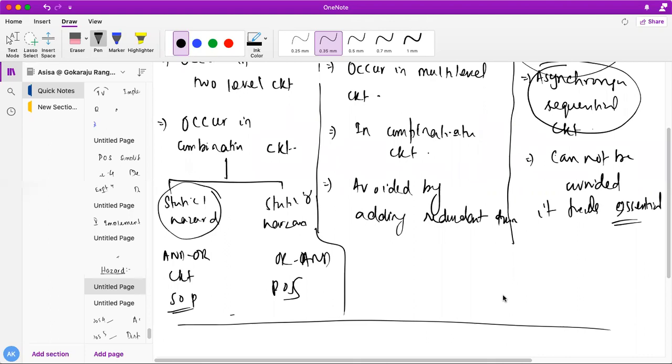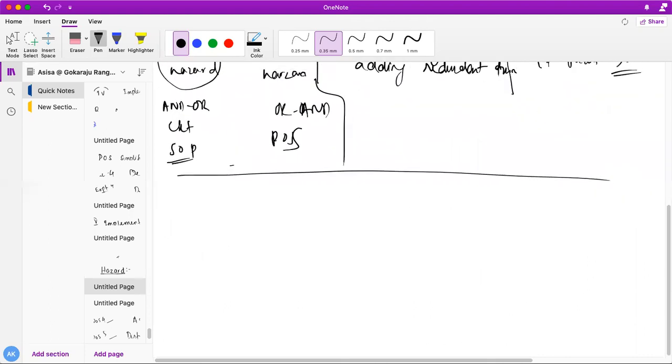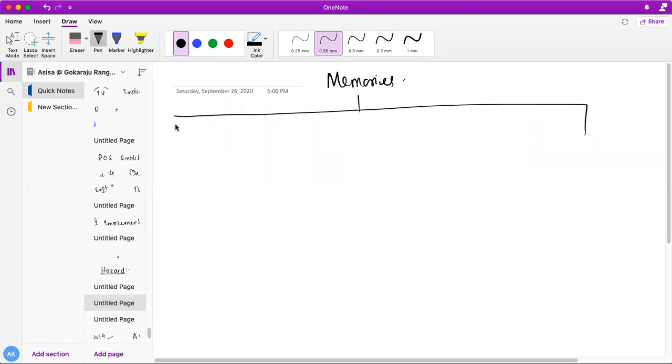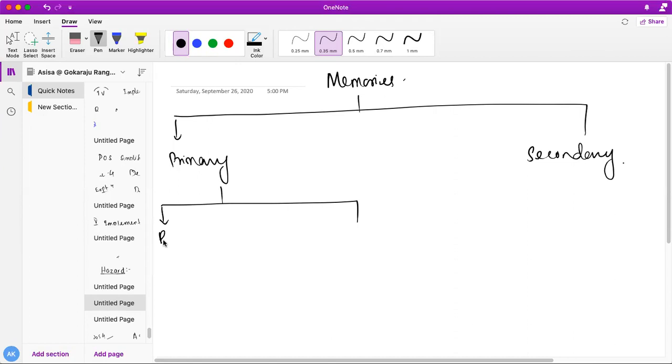Next, we'll study a little bit about the memory part. In memories, there are mainly two different types. In primary memory, as you know, there are two types: RAM and ROM.